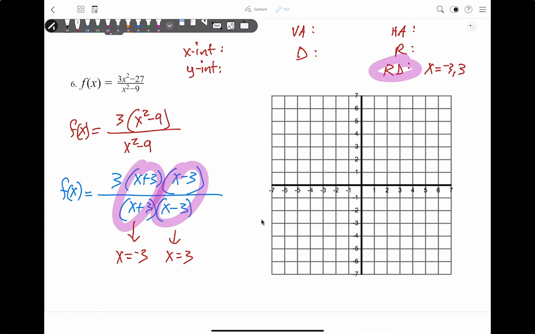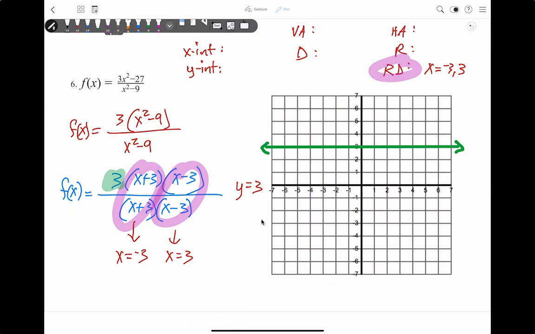Okay? Now, if those canceled out and they're gone, the only thing that remains is y equals 3. And it's like 3 over 1, if you will. And y equals 3, if that was the only thing that was left, that's like saying it's just a line at y equal to 3 that looks something like this, okay? So that means y is equal to 3 is what it would look like.